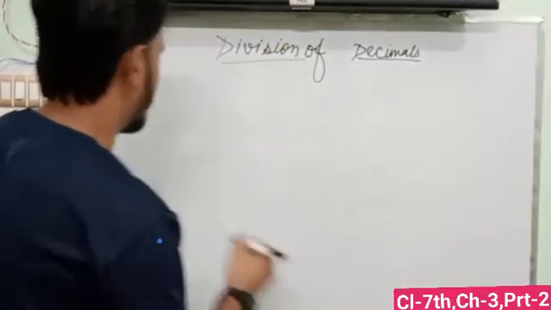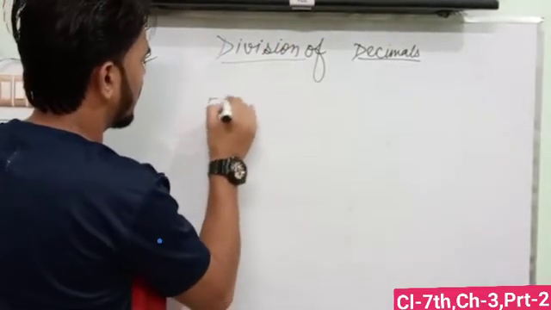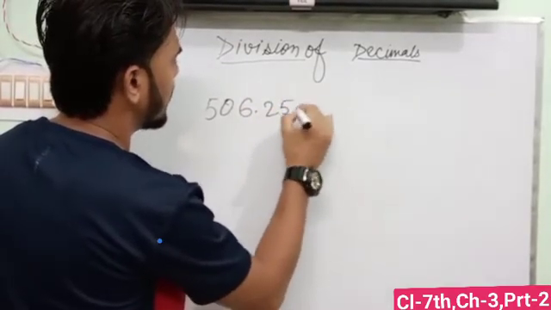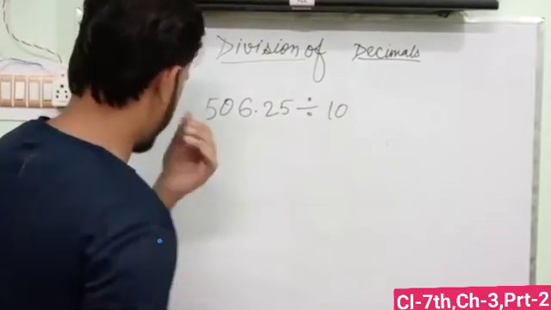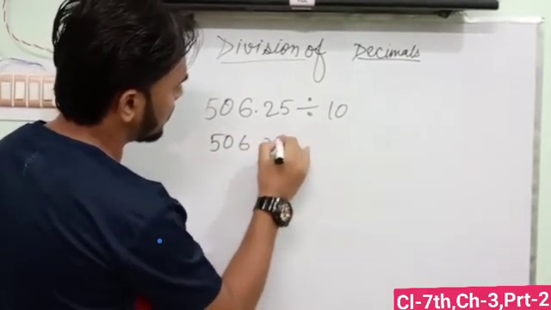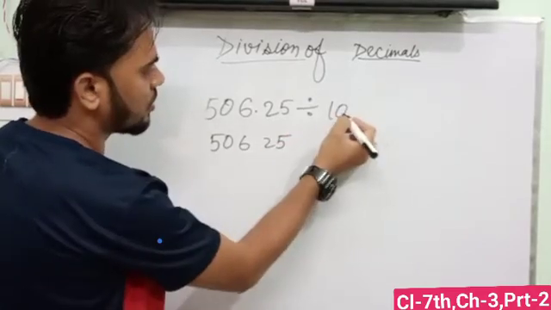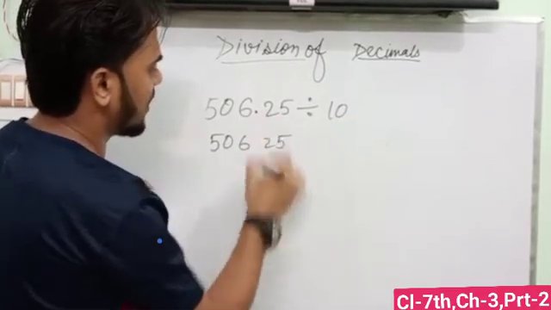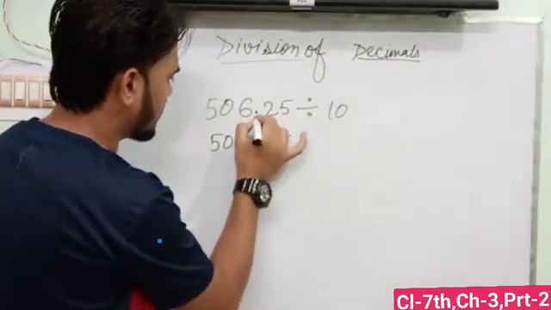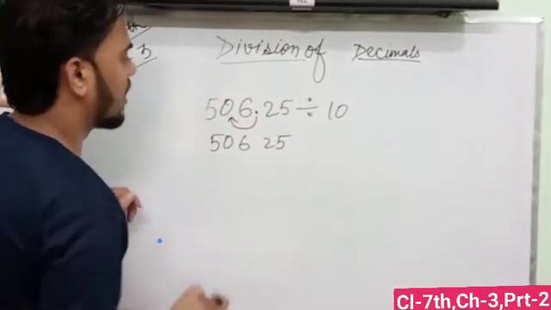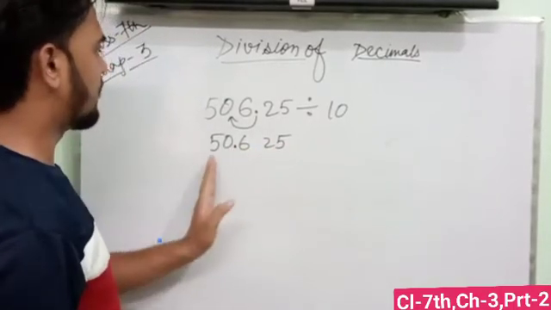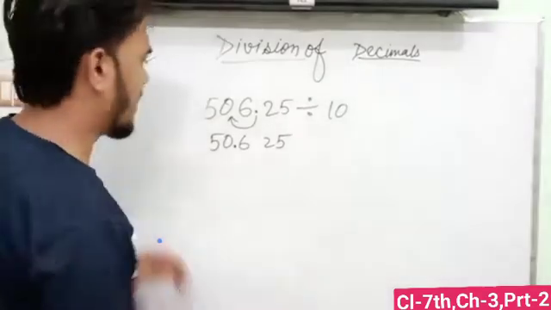Just see the example. 506.25 is divided by 10. All the digits stay the same, only your decimal shifts left by 1. That means the decimal will come here. Now your result is 50.625.